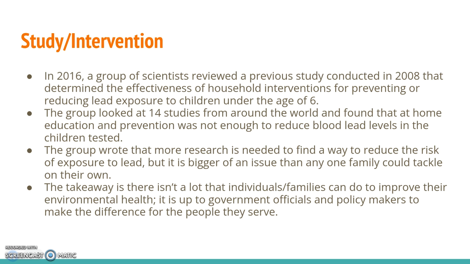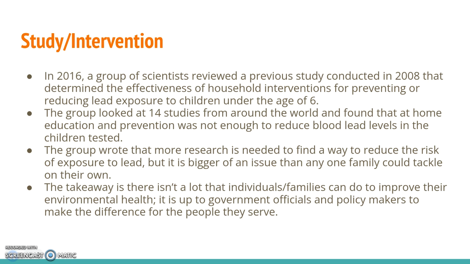The group wrote that more research is needed to find a way to reduce the risk of exposure to lead, but it is bigger of an issue than any one family could tackle on their own. The study discussed that a lot of these families where their kids have been exposed to lead at some point in their life have tried to reduce or prevent exposure by dusting and cleaning their house and checking the water lead levels, but universally it appears that no matter what these families do, it doesn't really have a successful outcome as far as exposure to lead goes in their children.